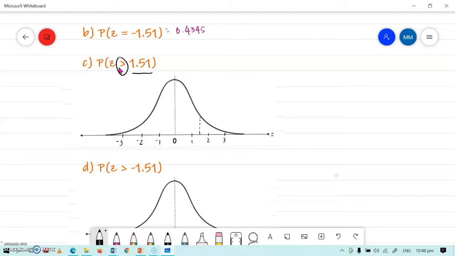Alright, and since what we are looking for is greater than 1.51, we need to shade the area to the right of 1.51 because this area contains the values that are greater than 1.51. Okay, so this area shaded with pink is the area that we are looking for.